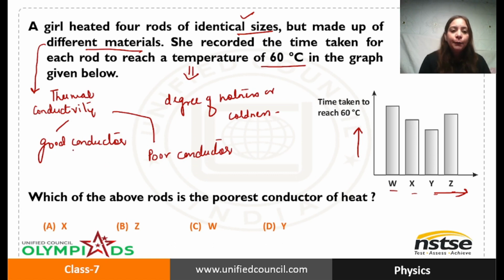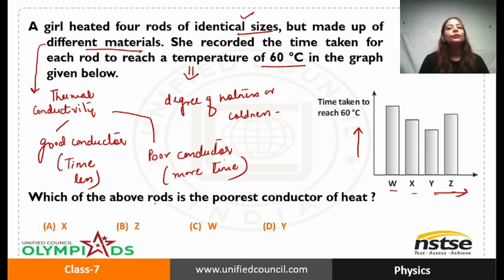So obviously the time taken by a good conductor to get heated would be less. The better the conductor, the less time it will take. And poor conductors are going to take more time to reach the same temperature, and even the sizes are the same. So here we are heating all of them to a temperature of 60 degrees Celsius, but they are made up of different materials.